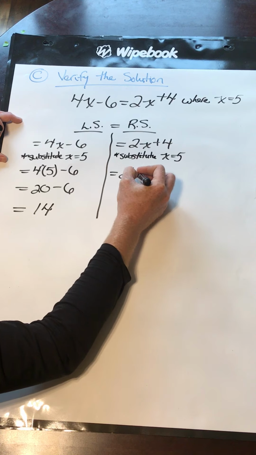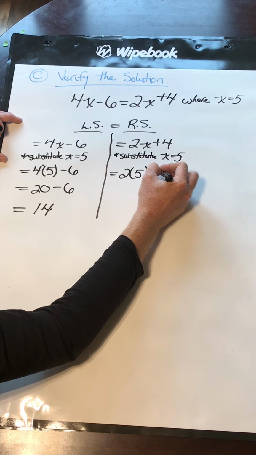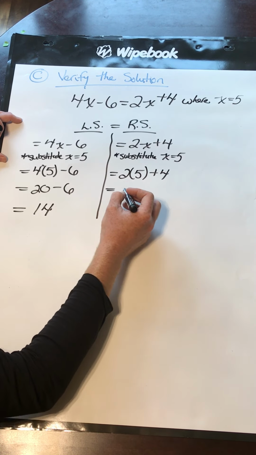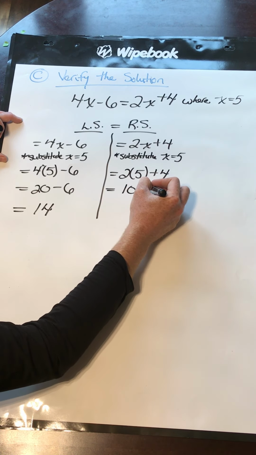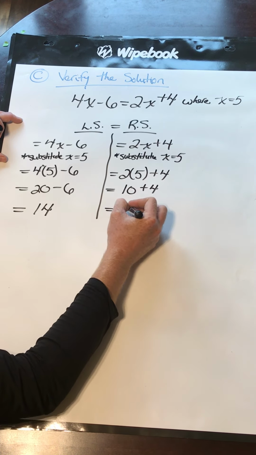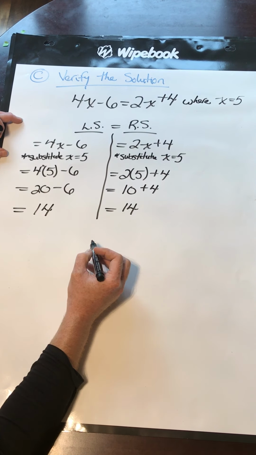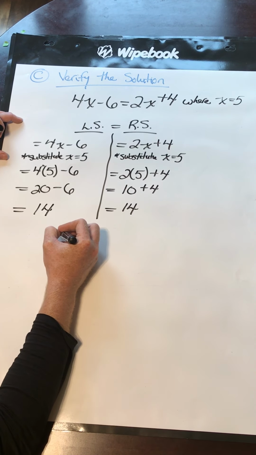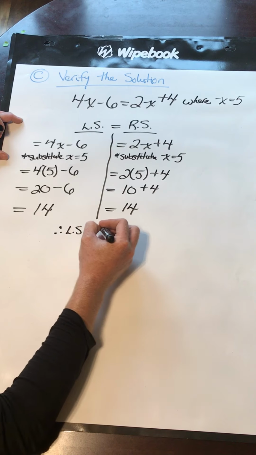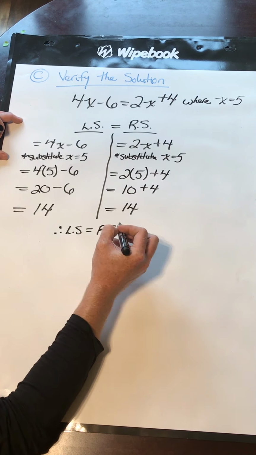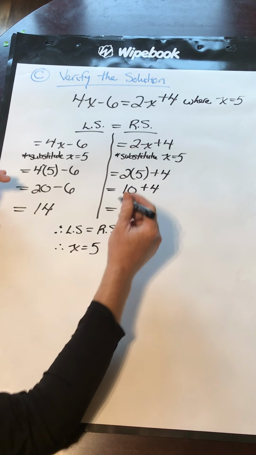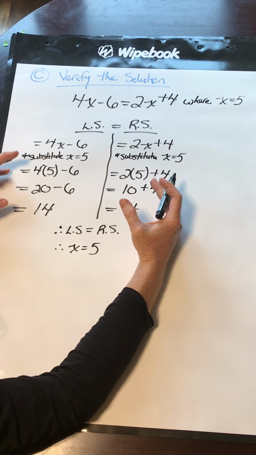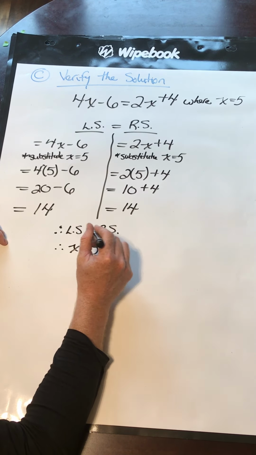So it's 2 times 5 plus 4. Using my BEDMAS rules, 2 times 5 is 10 plus 4 is equal to 14. So therefore I do have the left side is equal to the right side, and therefore I know x is equal to 5.